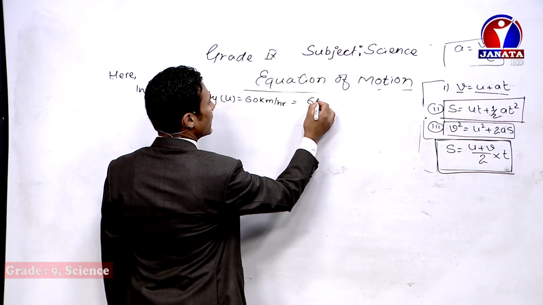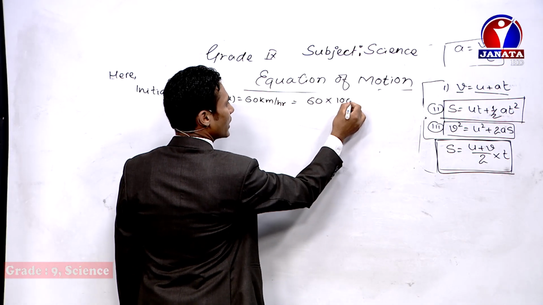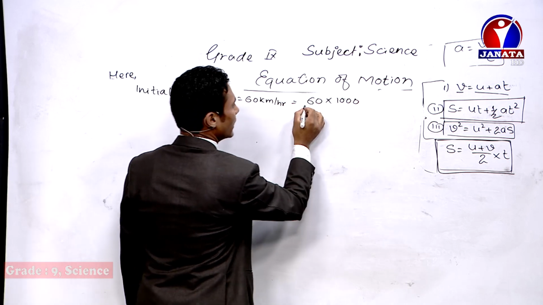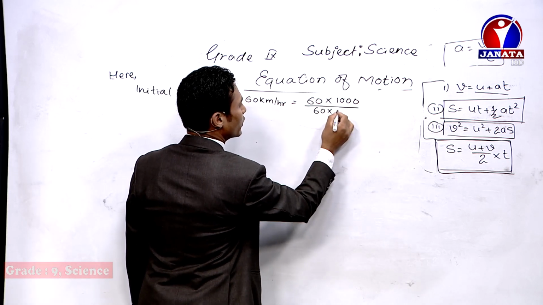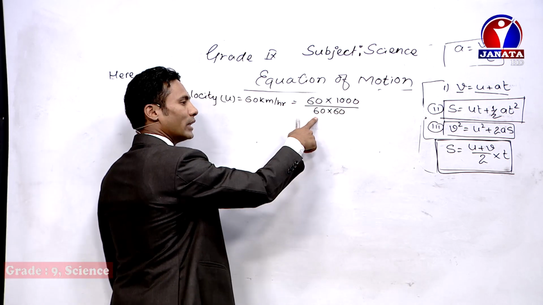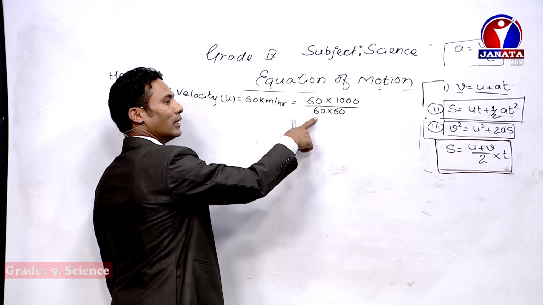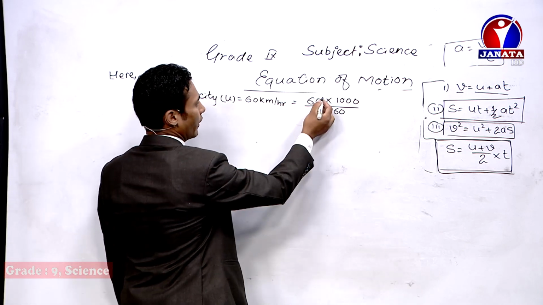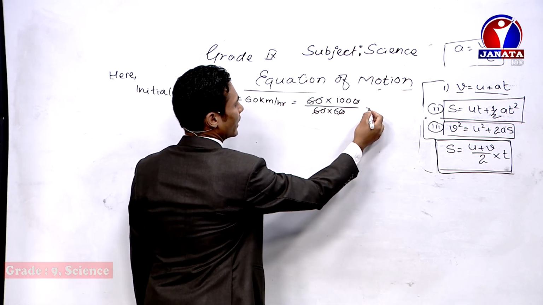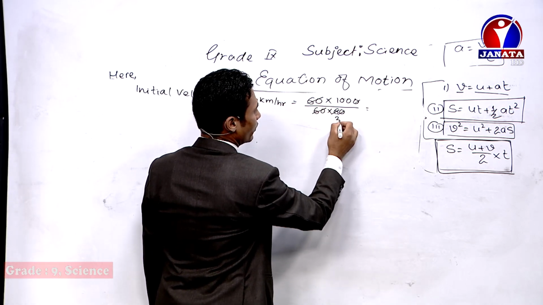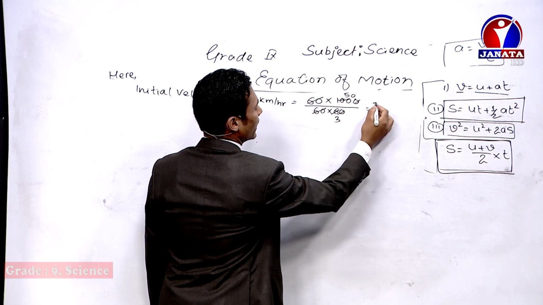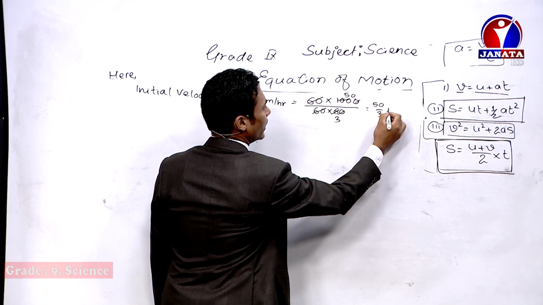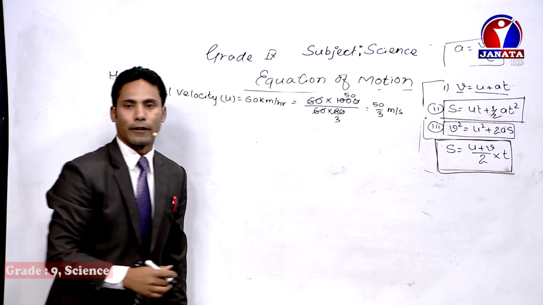That is 60 multiplied by 1000, kilometer into meter, divided by 60 into 60 hour. When we multiply by 60, it changes into minutes, and when we again multiply by 60, it changes into seconds. So this and this cancel. So this is 3 and this is 50.